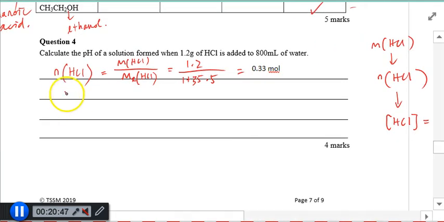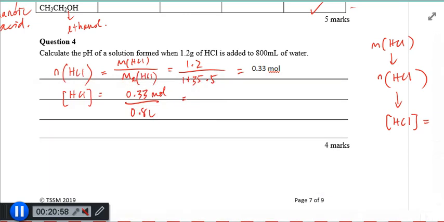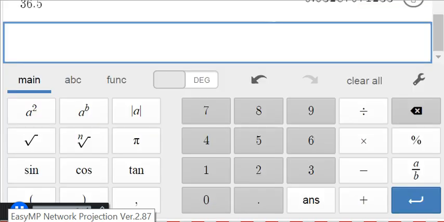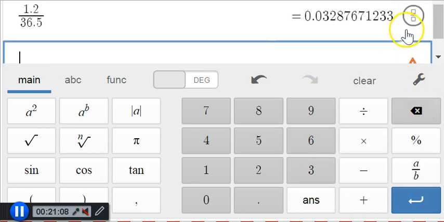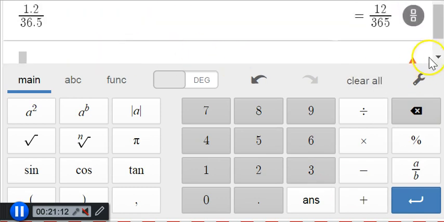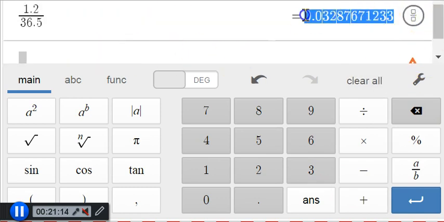Now we can work out the concentration of HCl, which is 0.033 mole divided by 0.8 liters. That will give us our molarity. So, hang on, I'll correct this number.